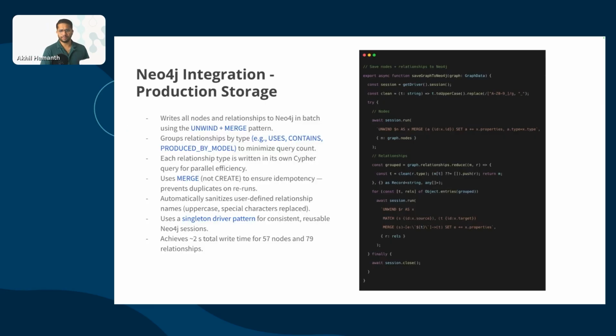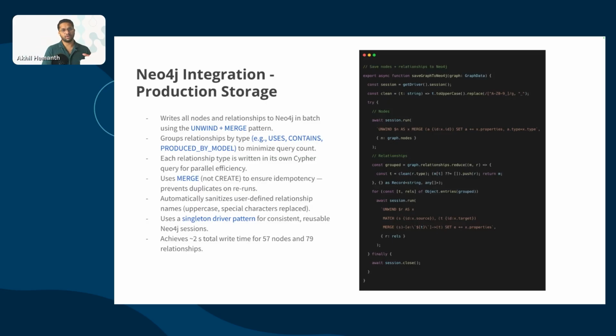Just to give an example of what the code looks like for this final step: it writes all the nodes and relationships to Neo4j in batch using the unwind plus merge pattern, and groups relationships by types. These are the types that we had put in the step 1 entities and relationships.